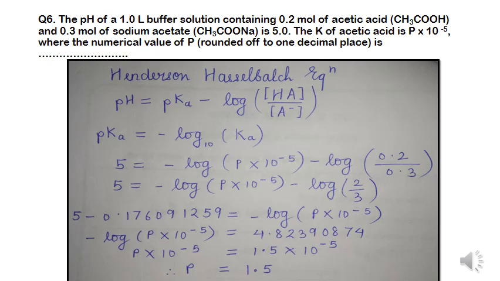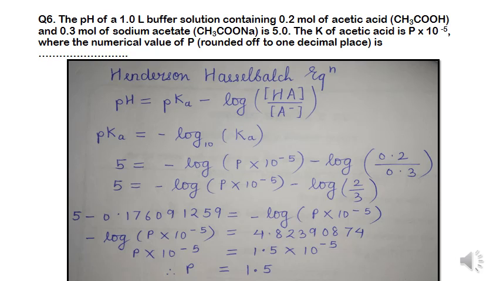And your conjugate base is sodium acetate, or just acetate, which is 0.3 molar, that is 0.3 moles per 1 liter. So put the values. Your pH is 5 and your pKa is minus log Ka to the base 10, and the ratio of HA upon A minus, that is acid upon conjugate base, is 0.2 upon 0.3. So after solving this equation, you will get P is equal to 1.5.